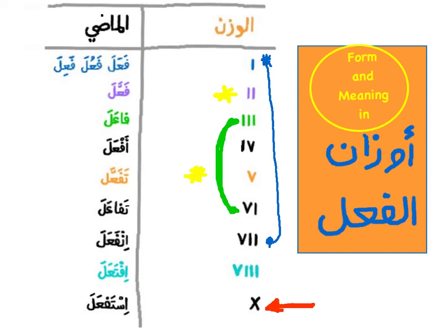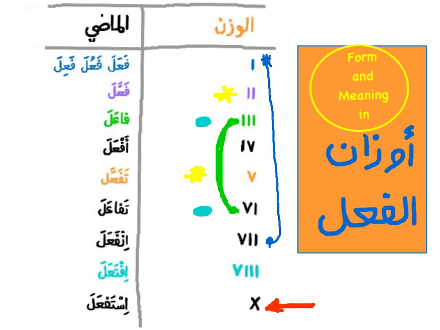Example, the words for to learn and to teach. Learn being form 1 and to teach is form 2. Another pair with the same form, we have form 3 and form 6. As you can see, they both have alifs in the وزن. فاعل تفاعل.